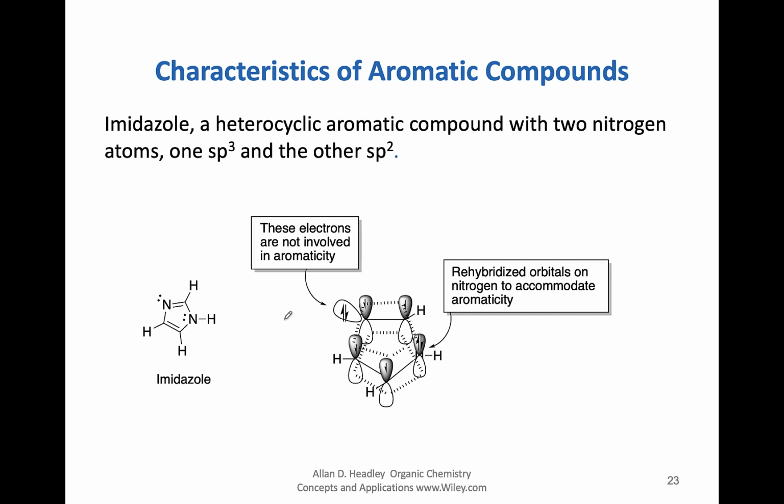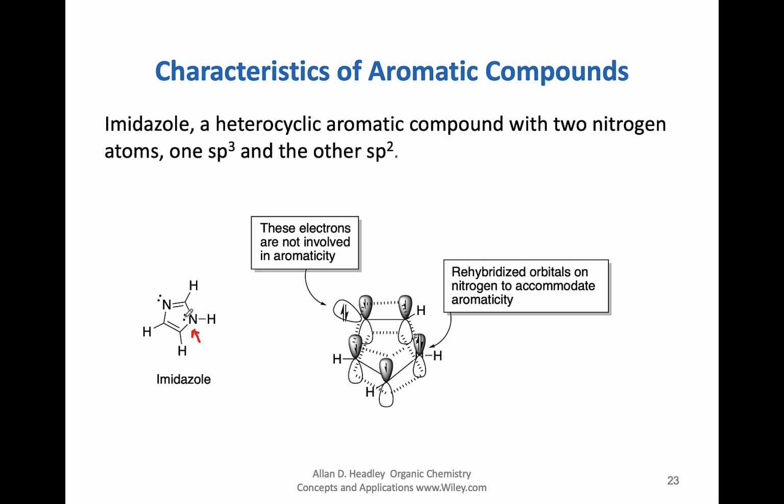Let us look at another example here, imidazole. So let's apply that. This nitrogen here, as we said earlier, where we'd expect it to be sp3, with these electrons in one of those sp3 orbitals.